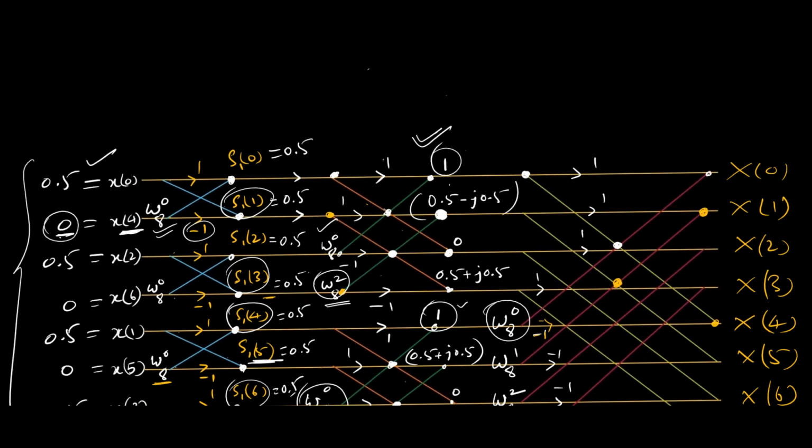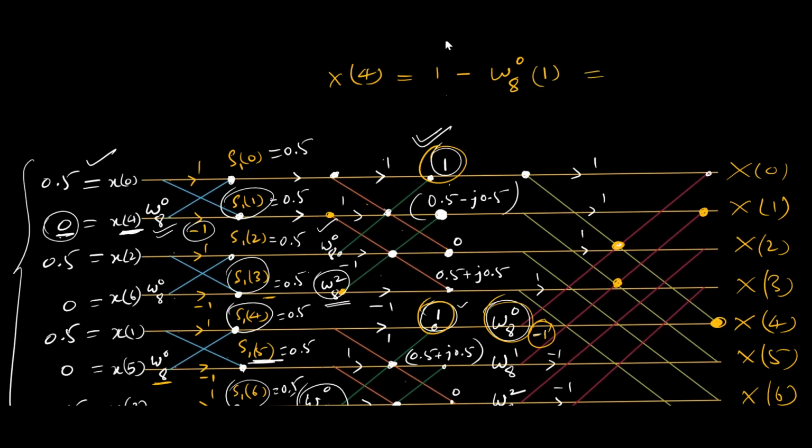Now the second output of this butterfly is X4. The inputs are the same, because we are considering the same butterfly number 1. So the first element is 1 only, and this time we write minus, because the second element will be multiplied with minus the twiddle factor W8 to the power 0, multiplied with 1.